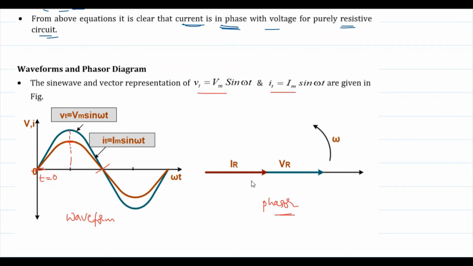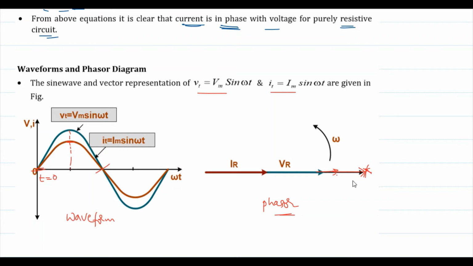Similarly, if you represent it in the form of a phasor diagram, I consider a reference along the x-axis, and I take the voltage across the resistance in the same x direction as the reference. Since current is not leading or lagging, both voltage and current are moving in the same phase across that resistance. That's why the current can also be drawn along the same reference axis, that is x.